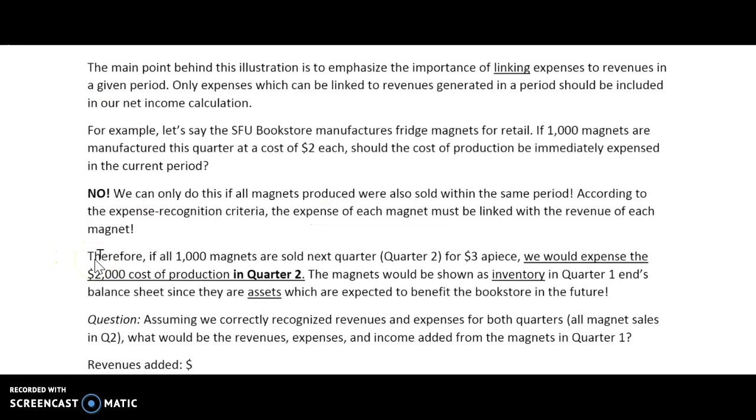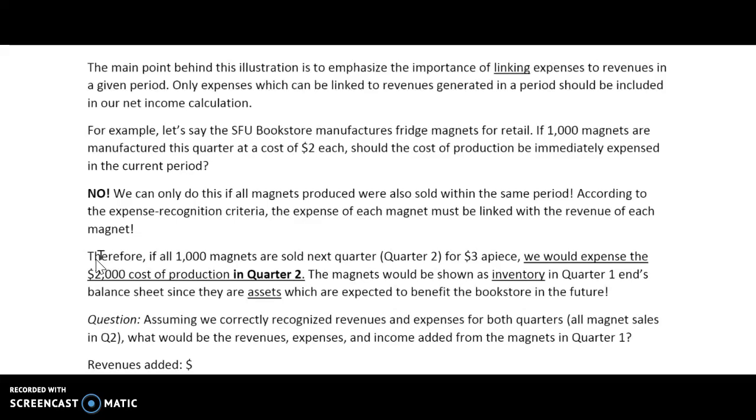The main point behind this illustration is to emphasize the importance of linking expenses to revenues in a given period. Only expenses which can be linked to revenue generated in a period should be included in our net income calculation. We're going to go into an example here.